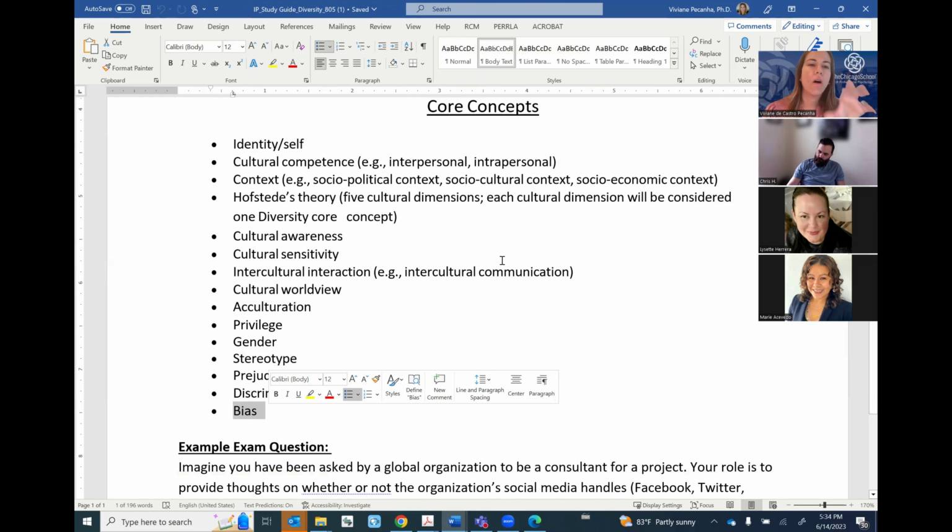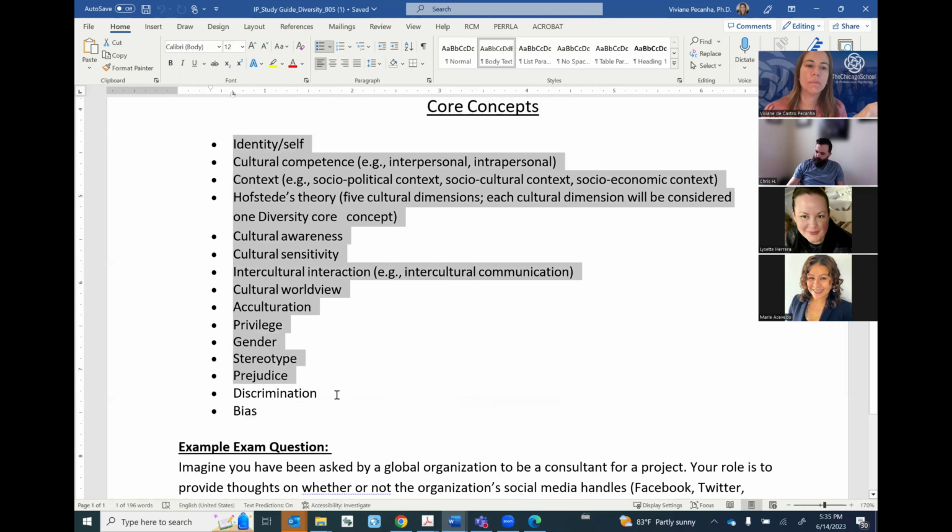So these are all the concepts that may be addressed in the comprehensive exam. Or if you are asked to discuss core concepts, make sure that these are the core concepts that you are discussing. Okay.